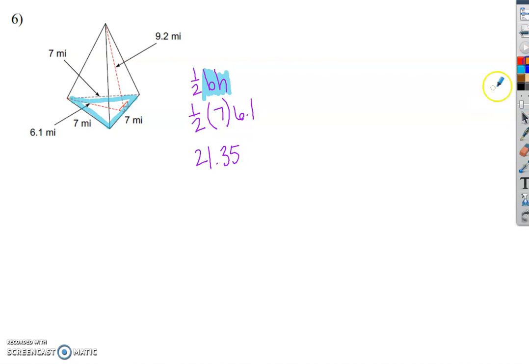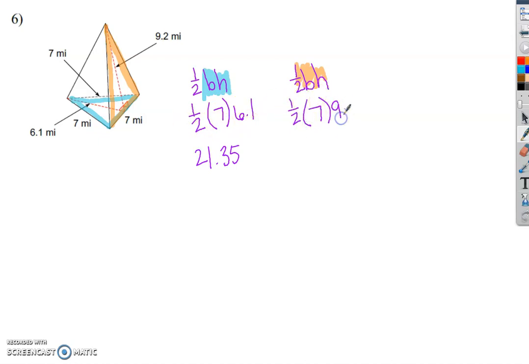Okay, let's keep going. We have 3 upright triangles, and they're all the exact same size and shape. So I highlight 1. These are the lateral faces. They're triangles too. 1/2 base and height. 1/2. The base of the orange triangle is 7.